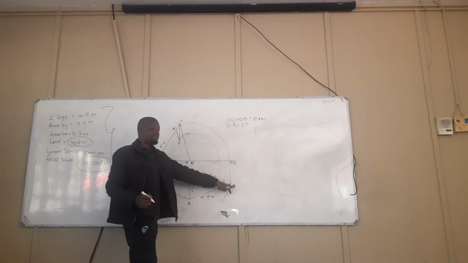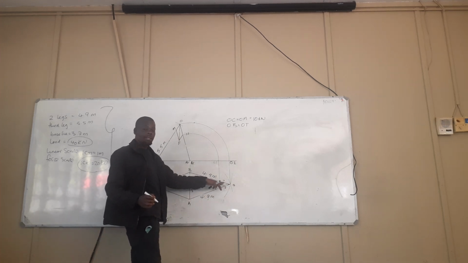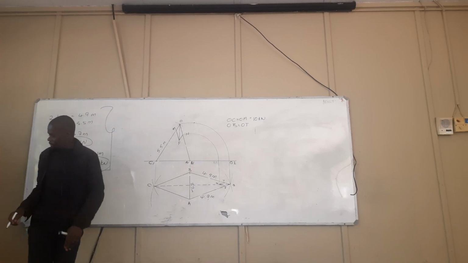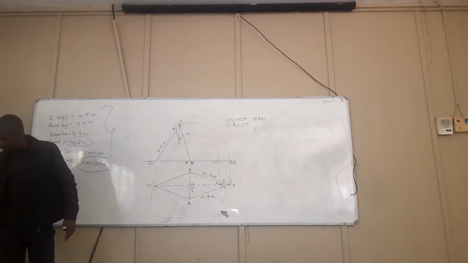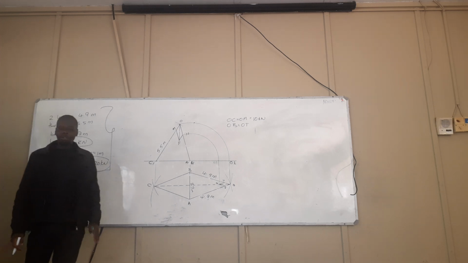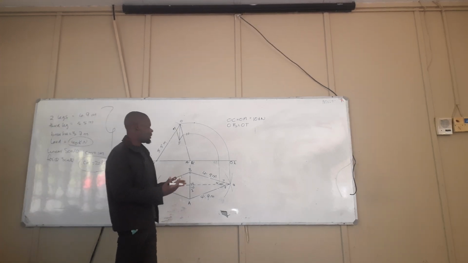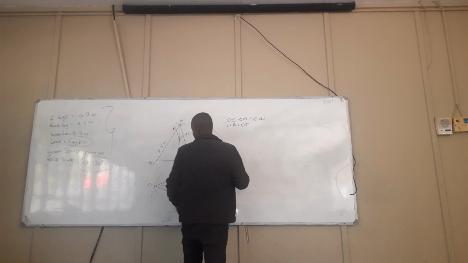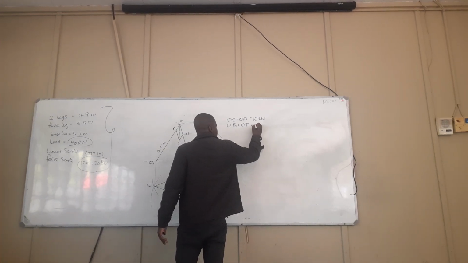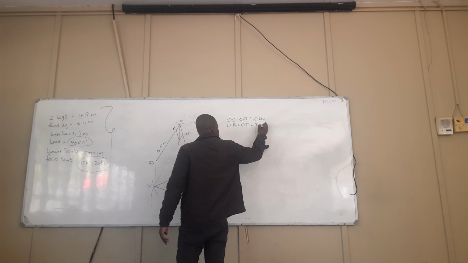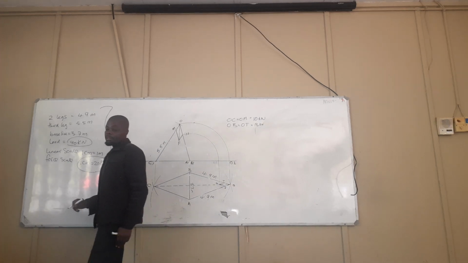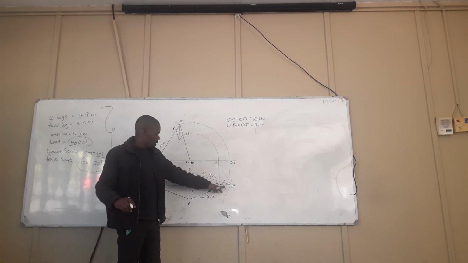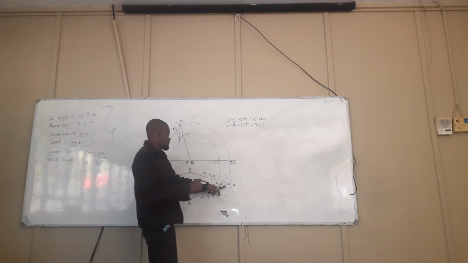You are simply going to measure the length of OT, check how many millimeters, and go back to your scale. If you have been working on your scale properly, you are going to get probably plus or minus 18 kilonewtons. You realize also this is the same length again.